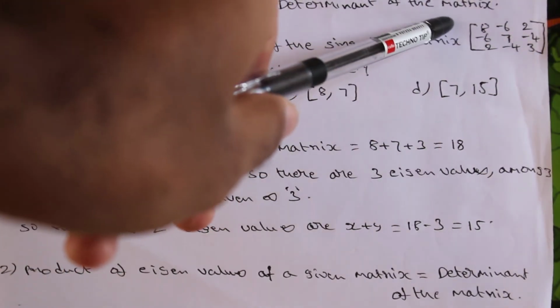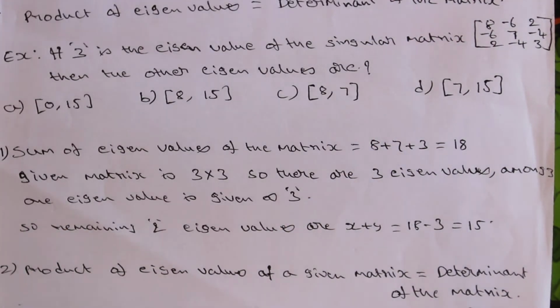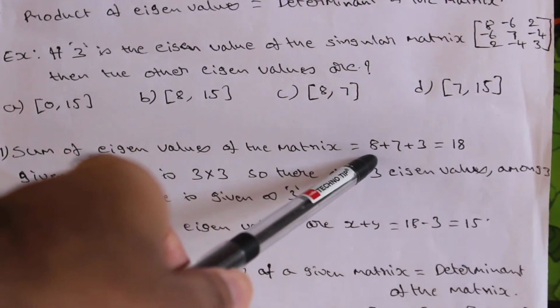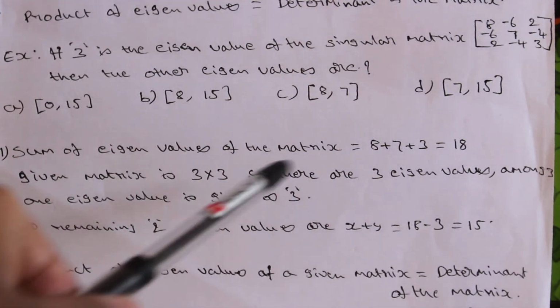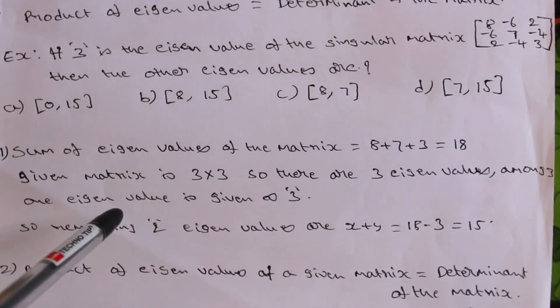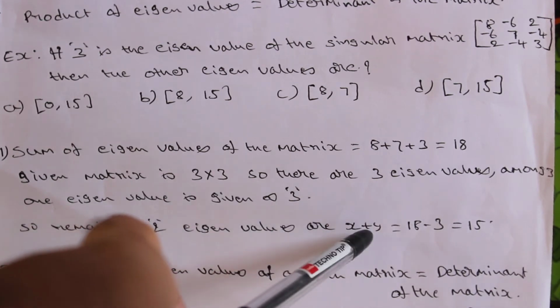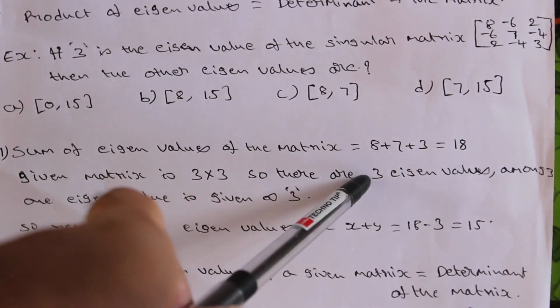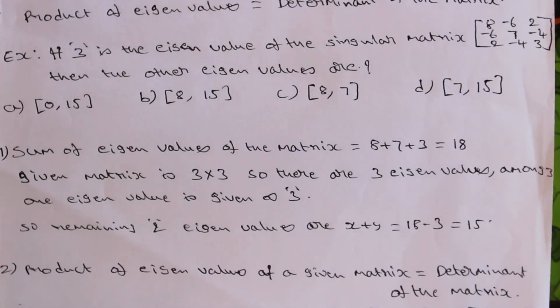So 8 plus 7 plus 3 is 18. Since the matrix is 3 by 3, there are 3 eigenvalues, and one is given as 3. So for the remaining 2 eigenvalues, x plus y is equal to 18 minus 3, that is 15. So x plus y is equal to 15.